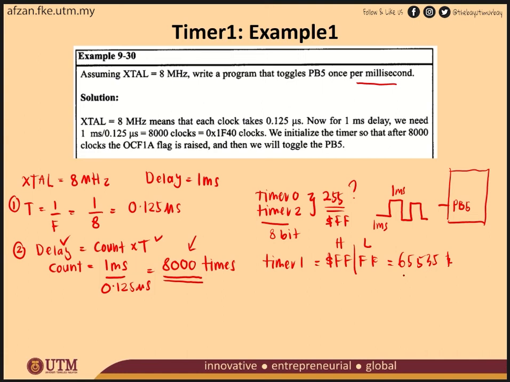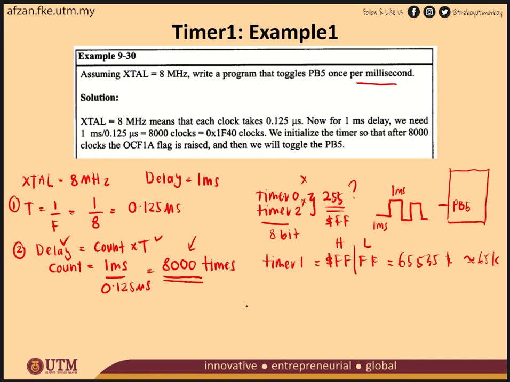This is the maximum value. This 65,000, an expression of 65k, is compared to only 8k here, so you need to use timer 1. You cannot use timer 0 and timer 2 to generate a delay of 1 millisecond using an XTAL of 8 megahertz.